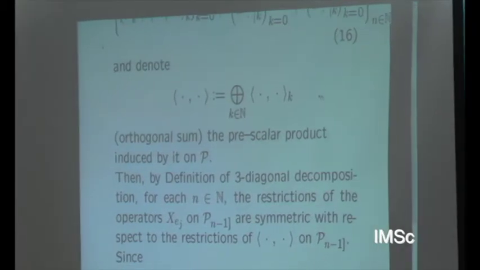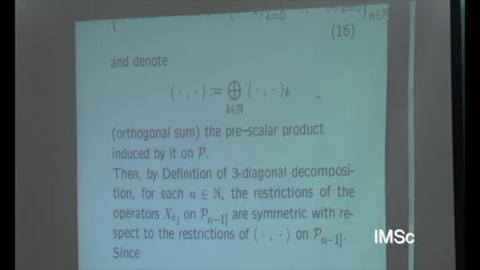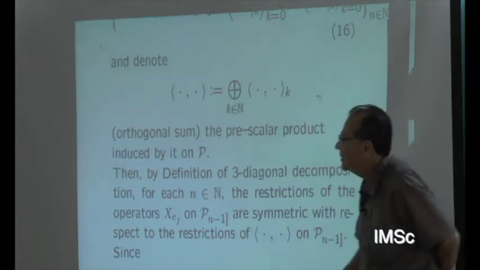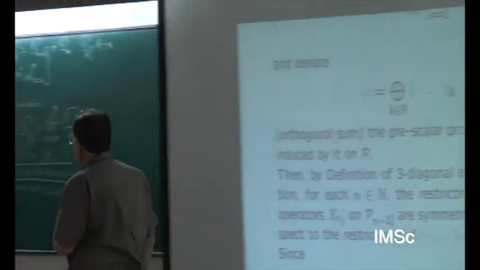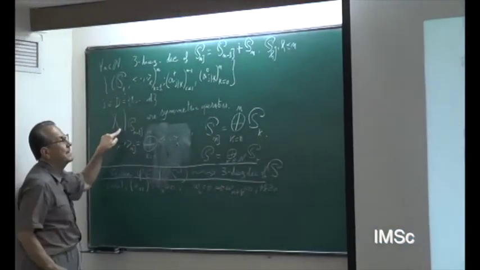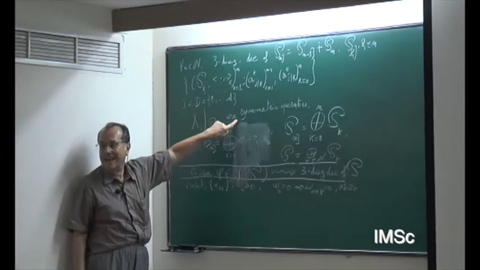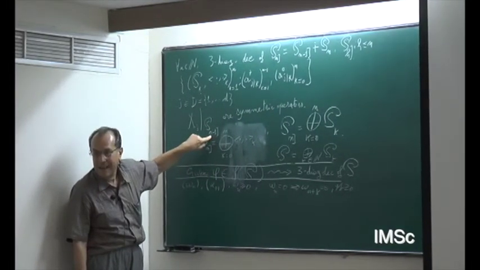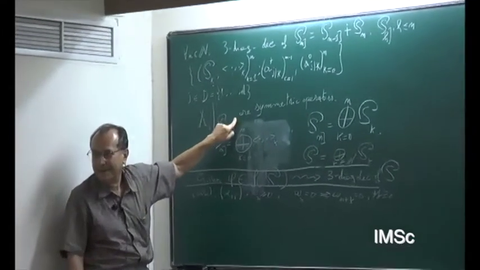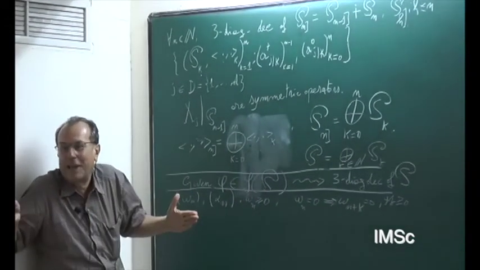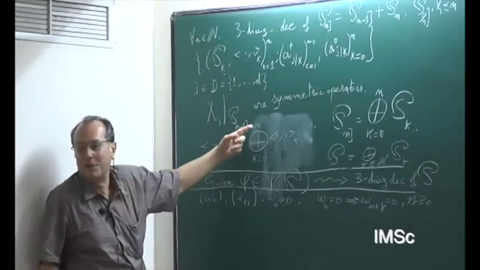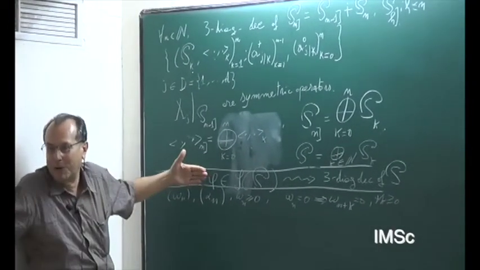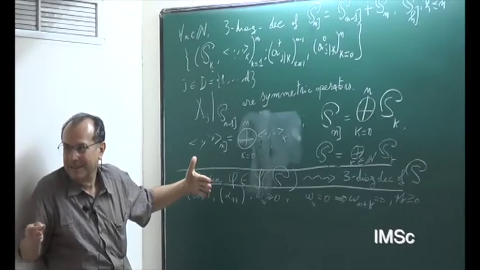Now, remember that in the definition, in the requirements of the three-diagonal decomposition, there is this requirement that the restrictions of xj on Pn minus 1 for each j are symmetric. But now I have it for every n. And when n goes to infinity, this absorbs all polynomials in a finite sense. Okay?